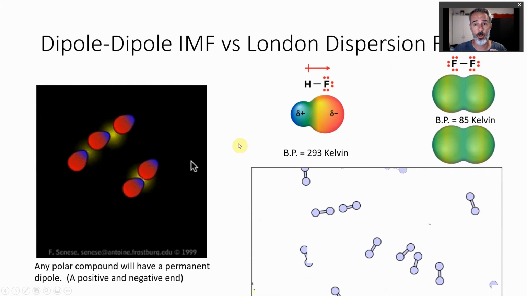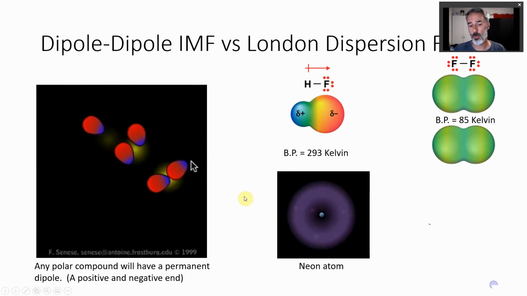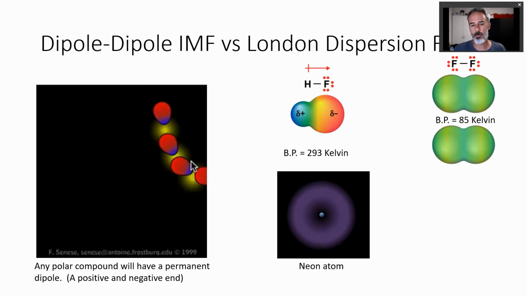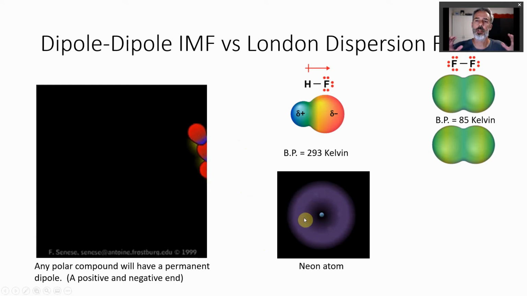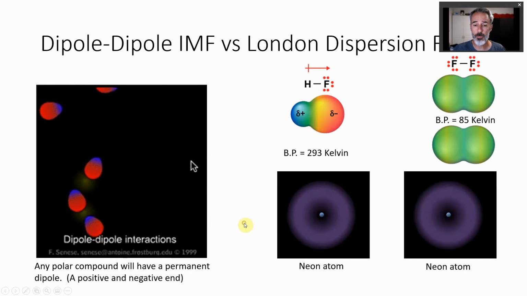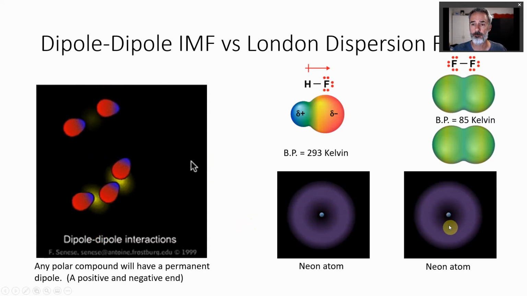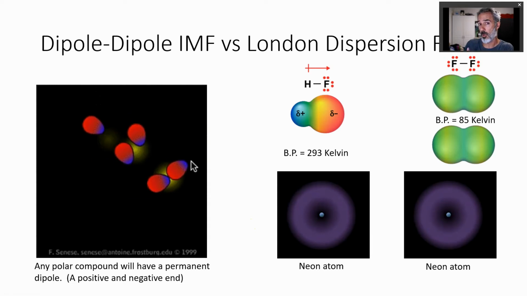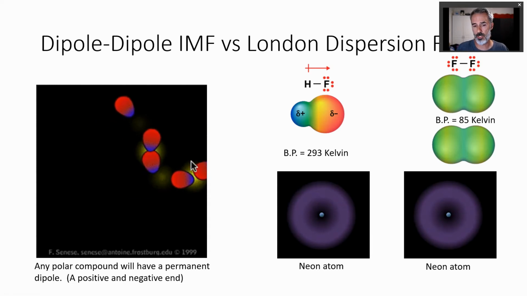Let's get to how. Another example would be a neon atom. Now, neon's not diatomic, it's just an atom. So this represents its nucleus and its electrons flying around. You might say, could it be attracted to another neon atom? But if they're atoms all by themselves, they don't have a more electronegative partner trying to pull electrons away from them.